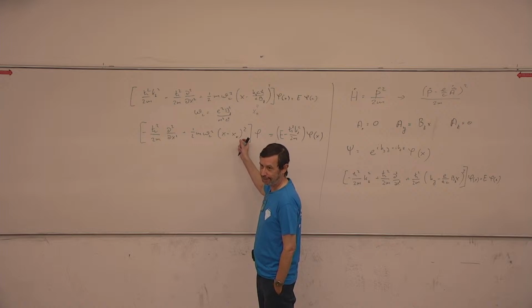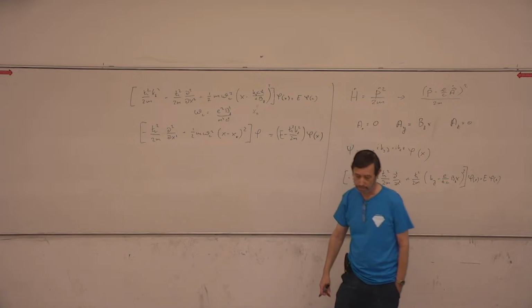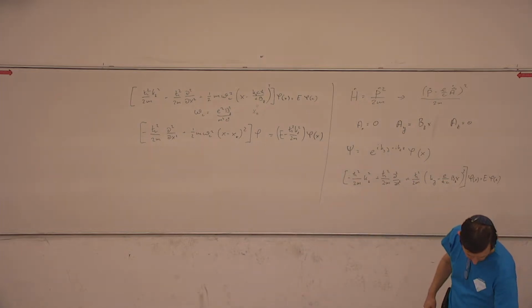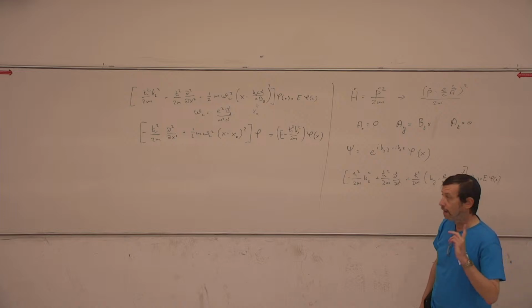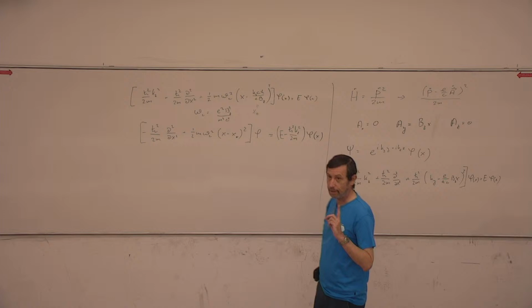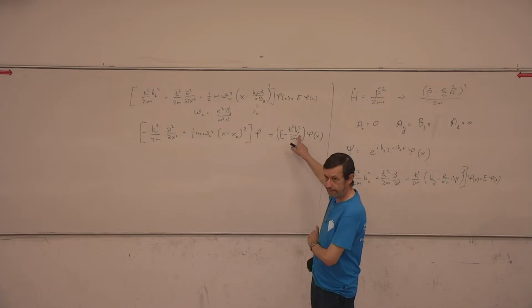The shift of the center doesn't change the energy. Essentially, it just moves it by a constant. What's interesting is that the energy isn't dependent on ky, but it is dependent on kz.